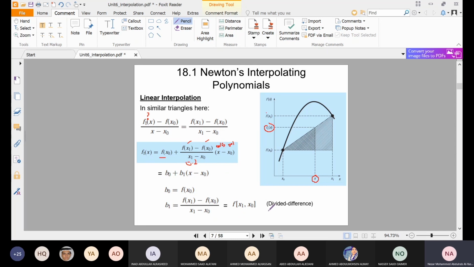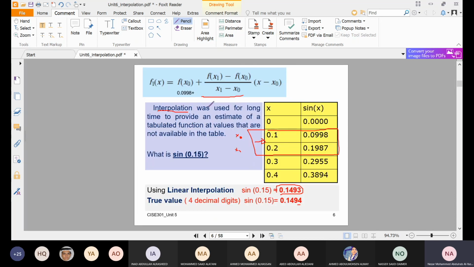We call this divided difference. The divided difference will be: we have this x1, we know this point is 0.1987, and f of 0 is given, 0.0998, over x1, 0.2, minus x0, 0.1, and multiply.